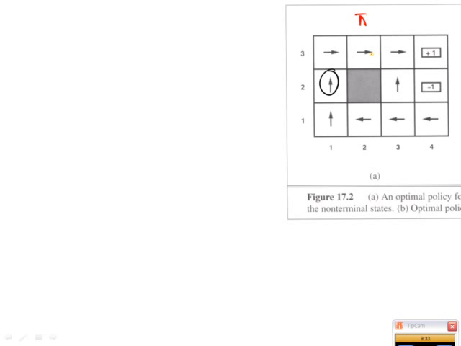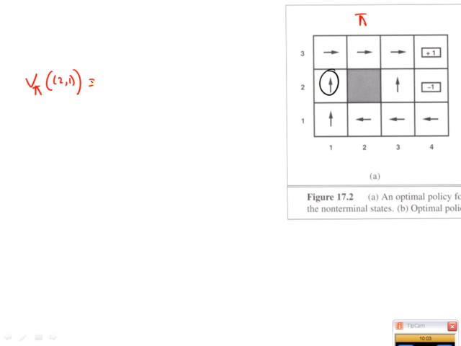So I'm saying V pi of what is this state? It's 2, 1, row, column. Yes, this is 2, 1. So V pi of 2, 1. The state name is 2, 1.